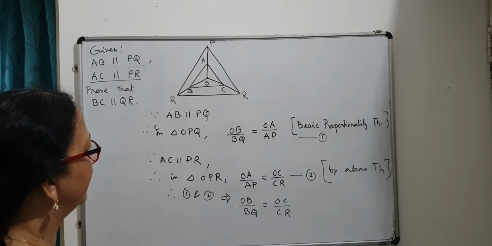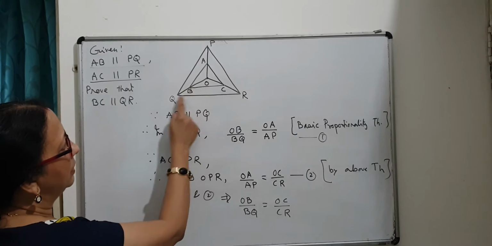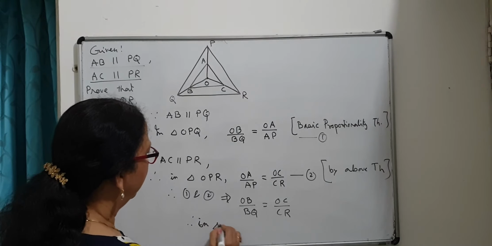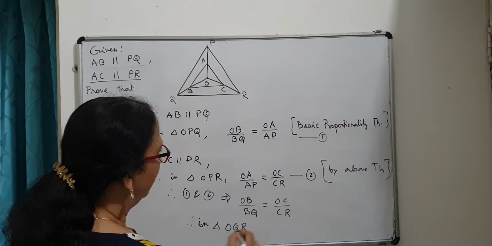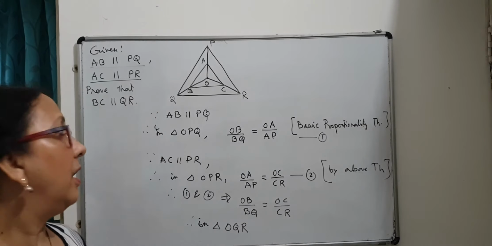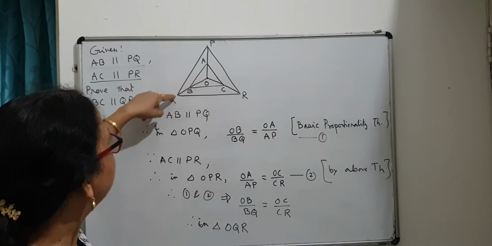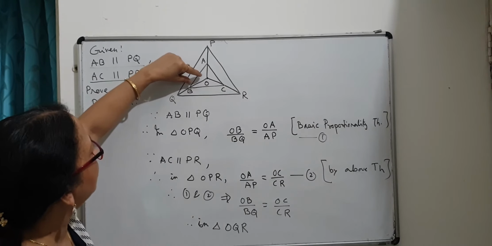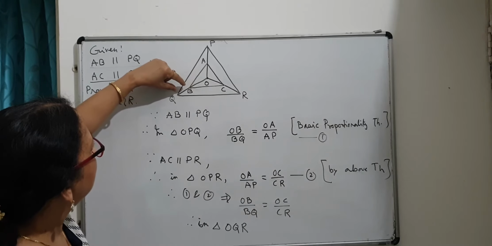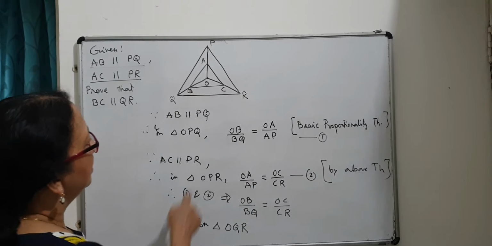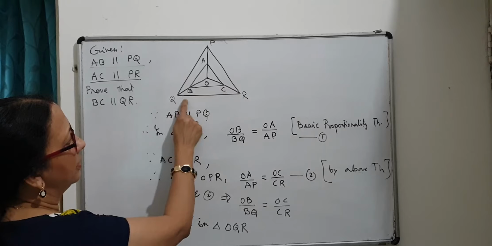So if I apply this in the triangle OQR, what can I use? I can now use the converse of the BPT. That is, in the triangle OQR, since the ratio of OB to BQ is the same as the ratio OC to CR, this line must be parallel to this line.